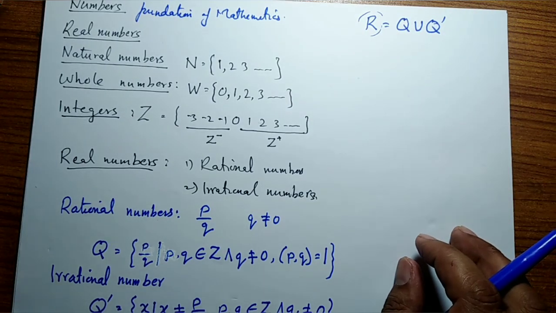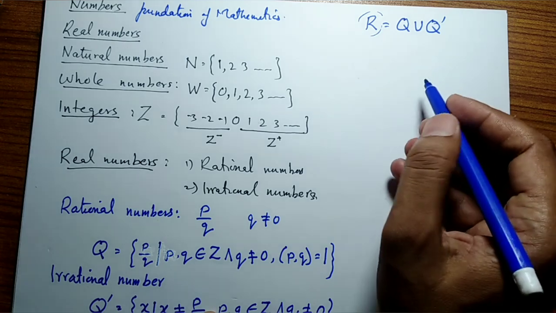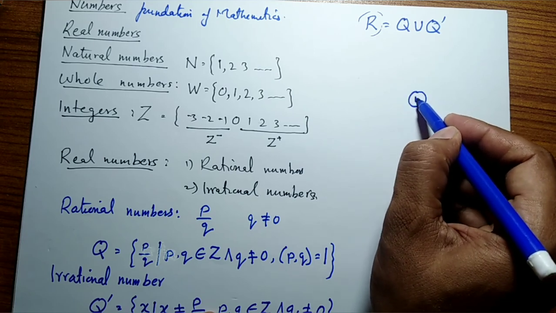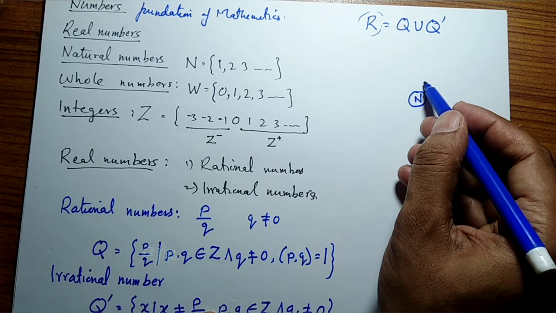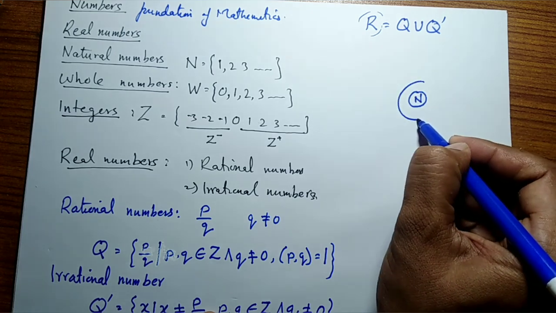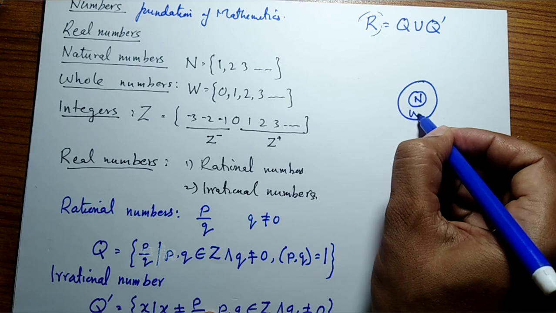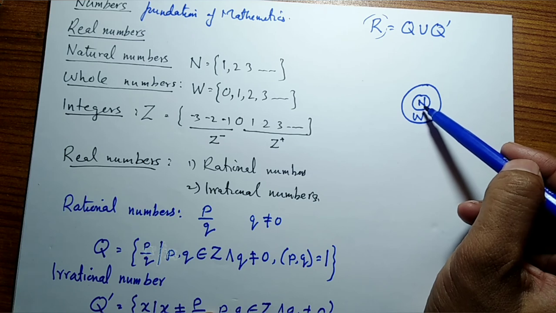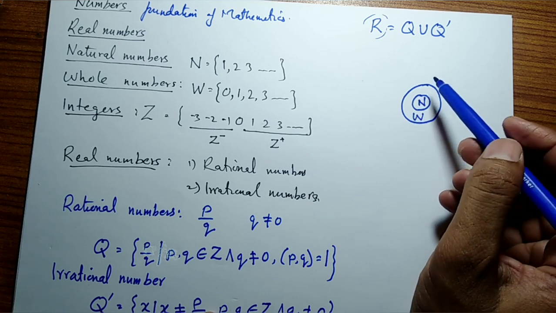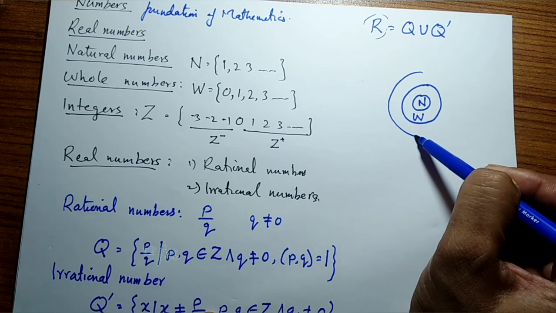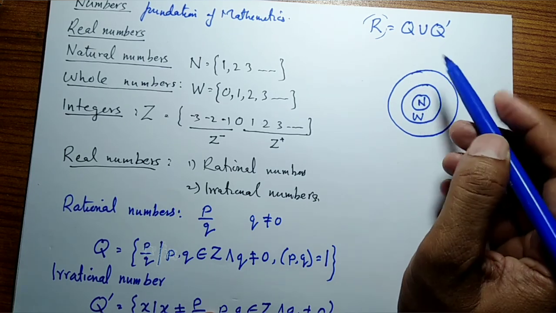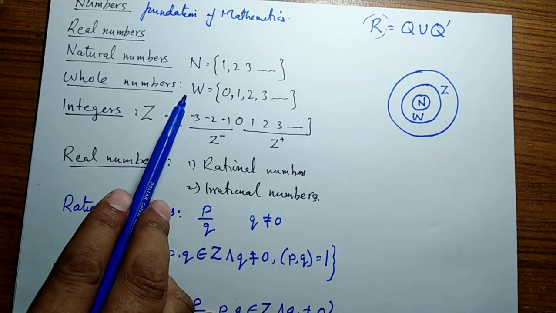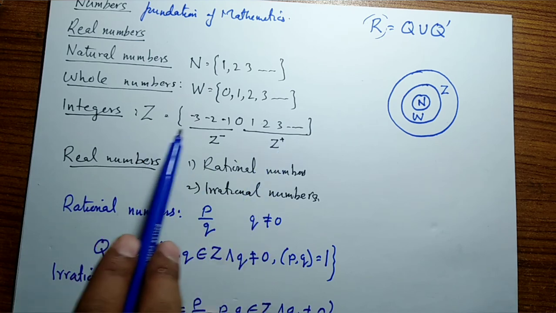If we represent this through a diagram, initially we have natural numbers, right? The outer set is the set of whole numbers, and you can see whole numbers also include natural numbers, so natural numbers are inside whole numbers. The third circle represents integers, and you can see both natural numbers and whole numbers are present in the set of integers.